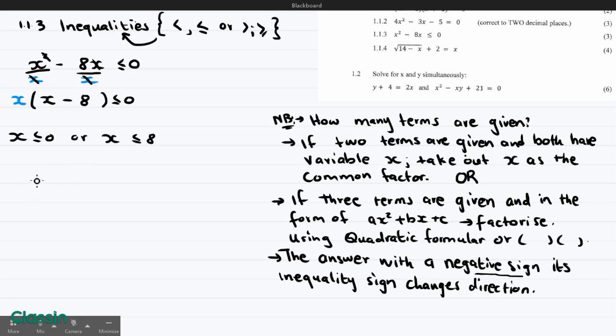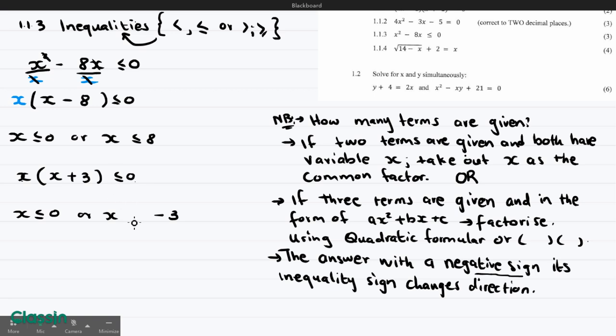Now, what do we mean when we say the answer with a negative sign, its inequality sign changes direction? If we had x plus 3, the first sign would be x less than 0 or x with negative 3.